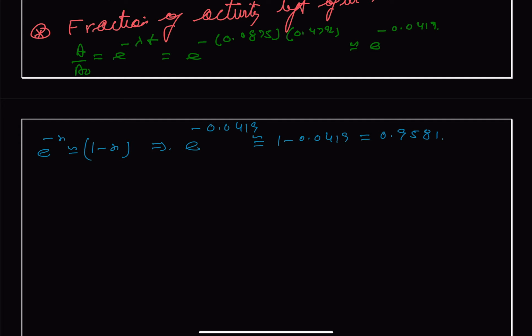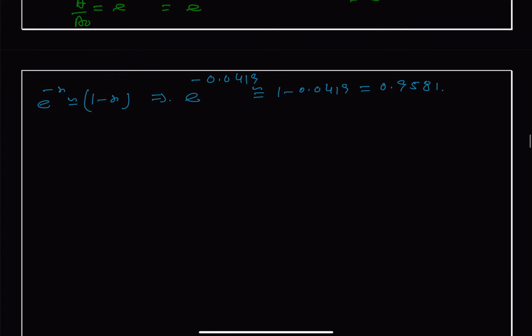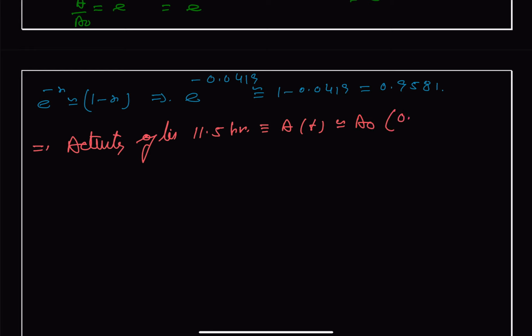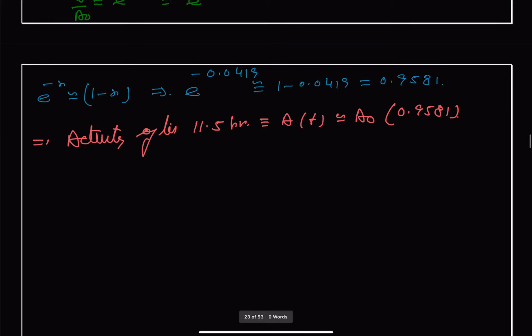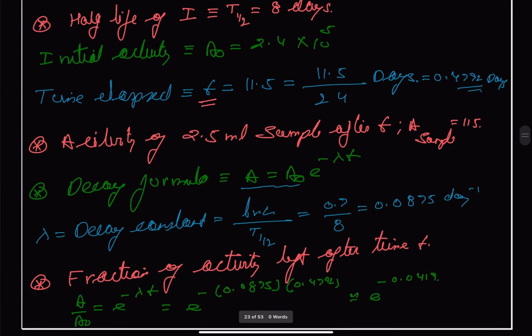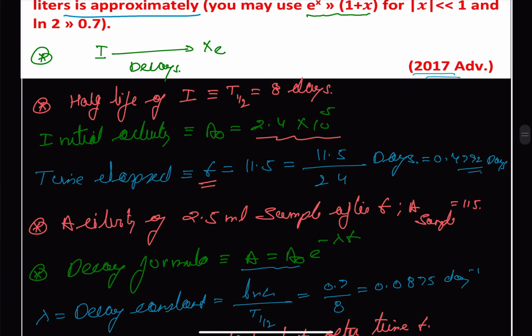And we need to find out the activity after 11.5 hours. So A of t is approximately equal to A naught times 0.9581, and A naught is known to us, that is 2.4 into 10 to the power 5.